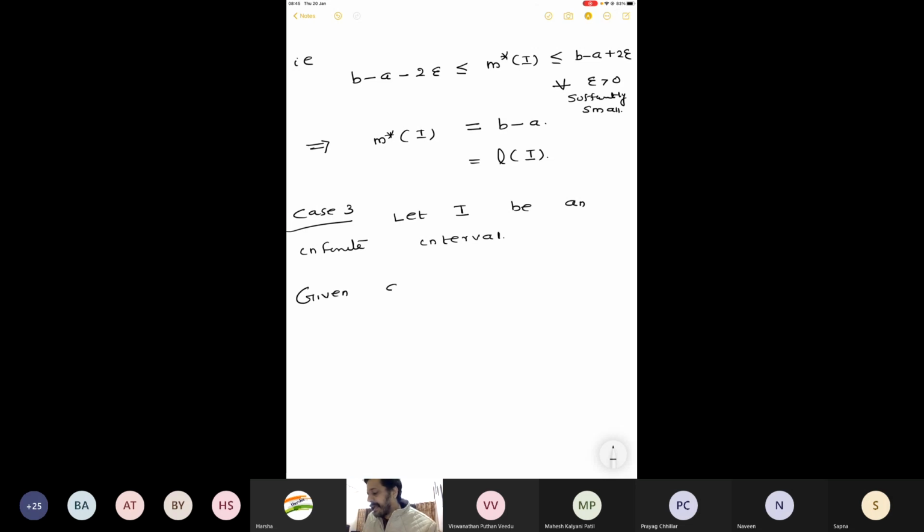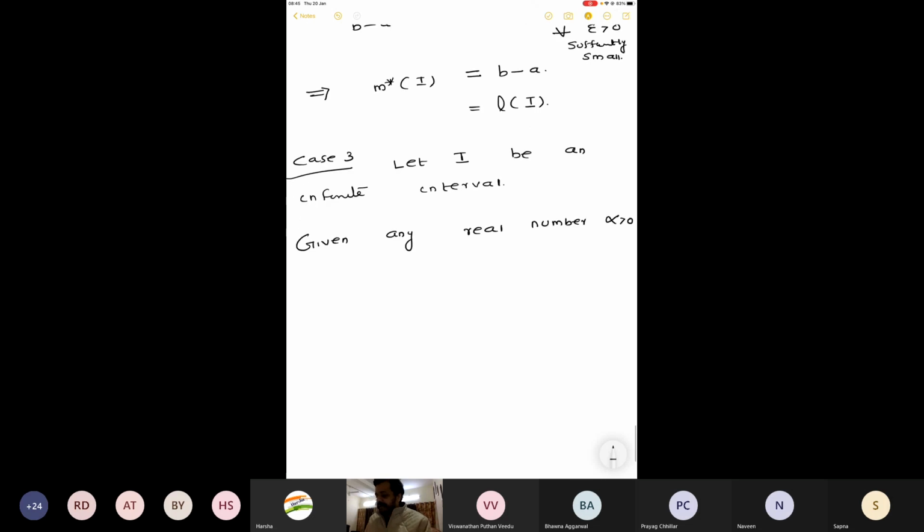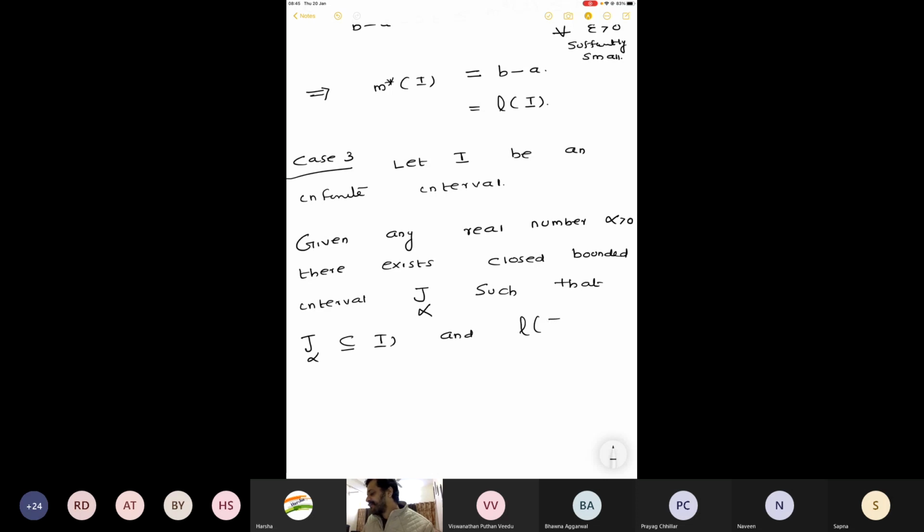Given any real number alpha greater than 0, there exists a closed bounded interval J sub alpha such that J sub alpha is contained in I and the length of J sub alpha is equal to alpha.